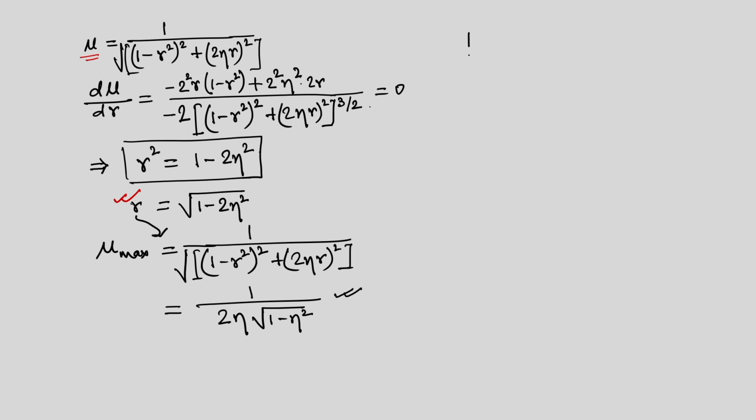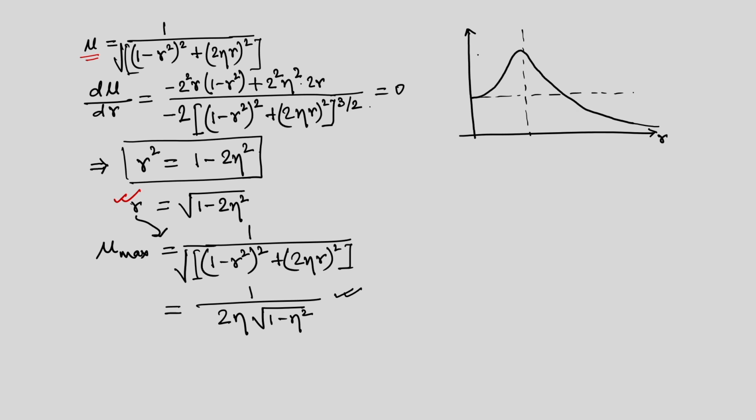I just redraw once more the dynamic magnification. So, what we had here, it will start from 1 and then it will reach its maximum value and then asymptotically go to 0 as r tends to infinity.